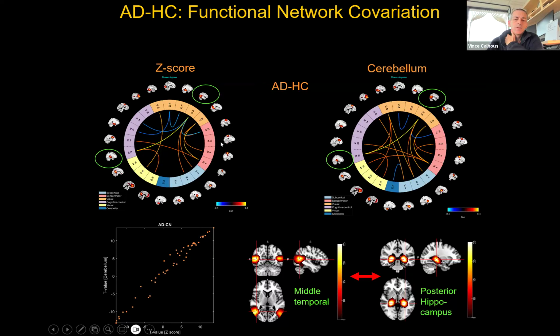I'm also showing you the results from 2 different scalings, where we have essentially a Z-score approach, and then here's the cerebellum SUVR approach. The overall gestalt is similar. There are a few extra links that show up on either side. They're not identical, but they're fairly similar. So the scaling does have an impact, and that gives us a reason to maybe optimize over the scaling, or use your preferred scaling, whatever that might be.